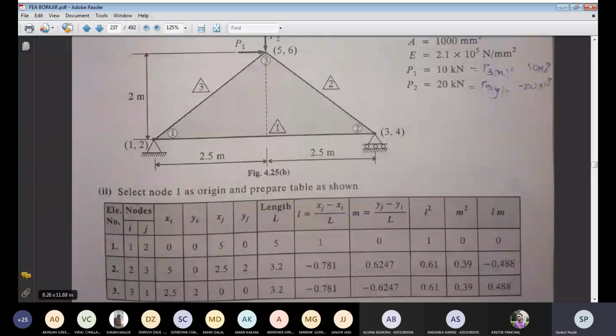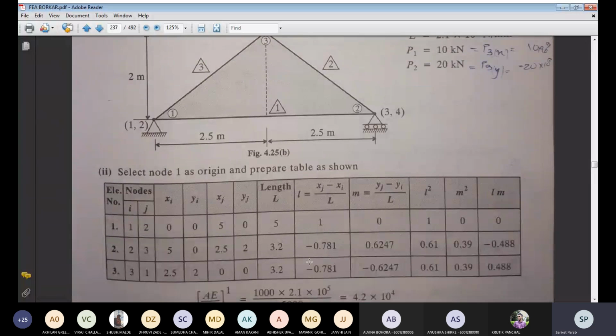Now, if I use the formula we have seen previously, that is the square root of xj minus xi the whole square plus yj minus yi the whole square, the length that I am getting is 3.2. Now, xj minus xi, that is 2.5 minus 2.5, hence the value is negative, and divided by 3.2, I'm getting minus 0.781. Yj minus yi, that is 2 minus 0, that is 2 divided by 3.2, I'm getting 0.6247.